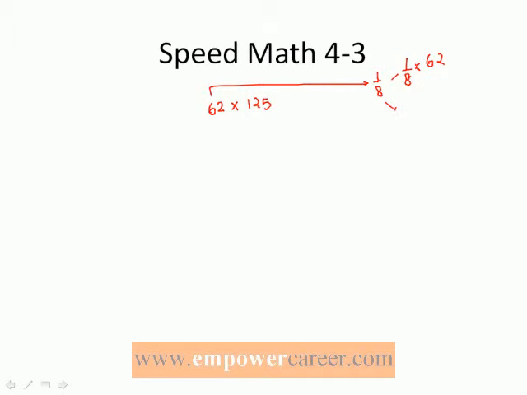This is what I tell myself. I ask myself, what is 1/8? And the answer I get is 1/8 is essentially 1/2 times 1/2 times 1/2. And you will quickly realize this is nothing but half done 3 times. So it's like saying half of half of half.